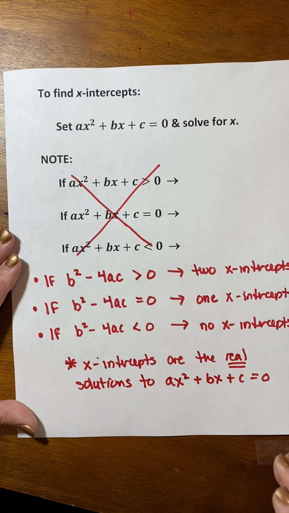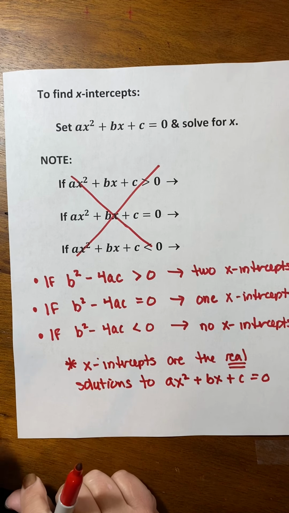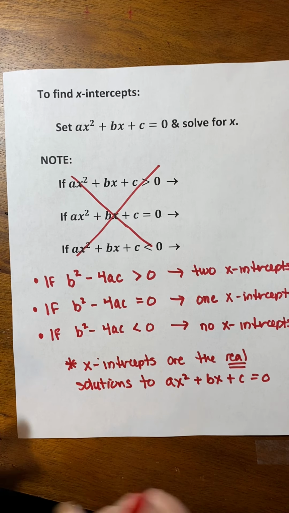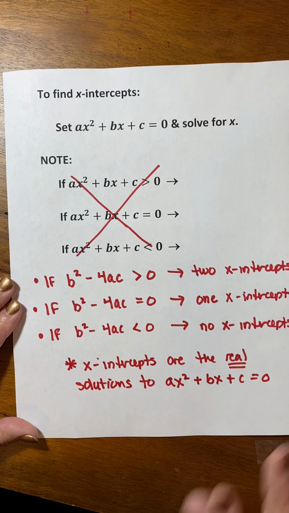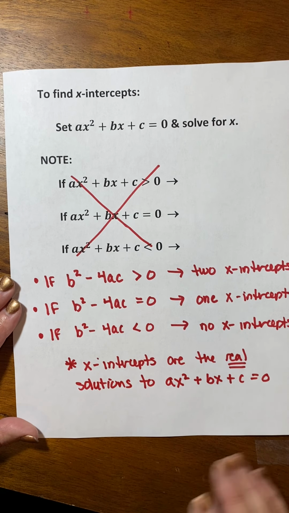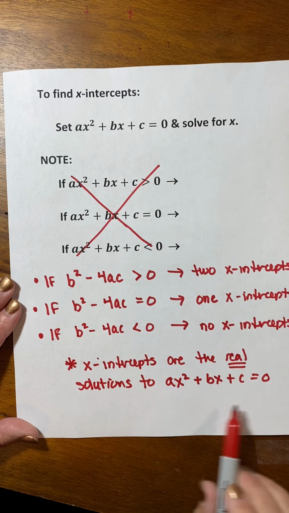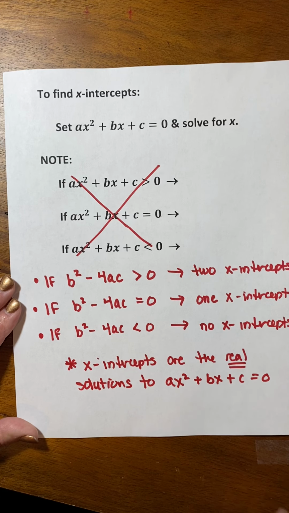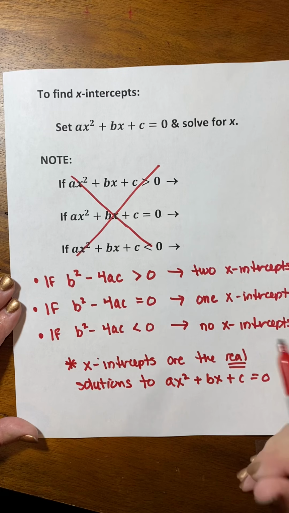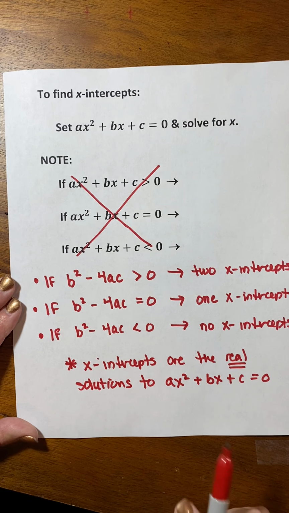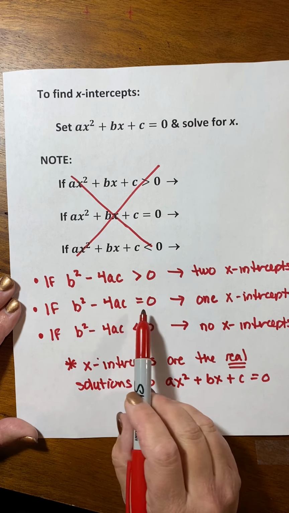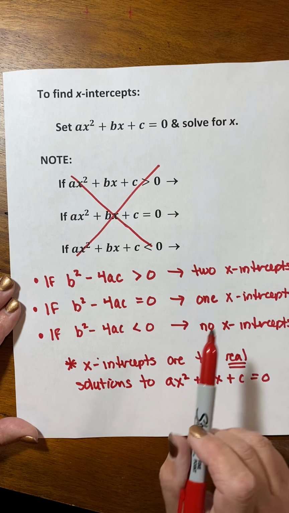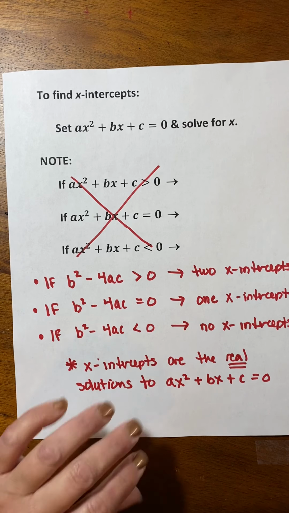Now remember, imaginary solutions come in conjugate pairs. So if this has an imaginary solution, it has 2 imaginary solutions, thus no real solution. So if your quadratic equation has imaginary solutions, it does not cross the x-axis. The whole parabola either floats completely above or completely below the x-axis. If your discriminant is either 0 or positive, you're going to have either 1 or 2 x-intercepts.